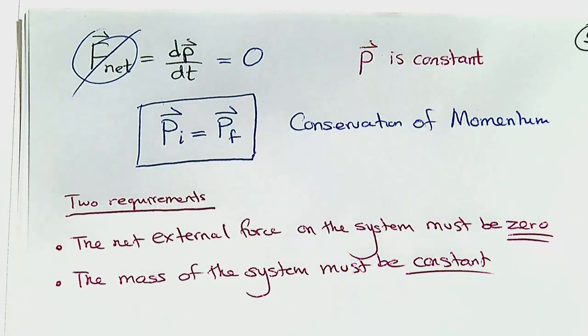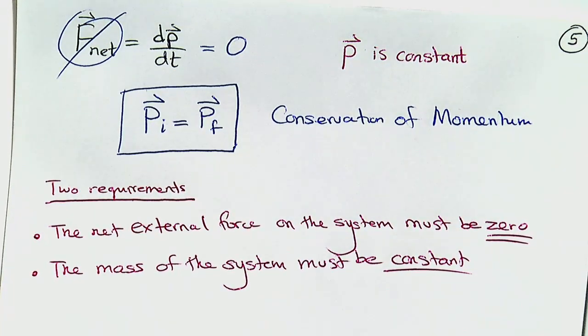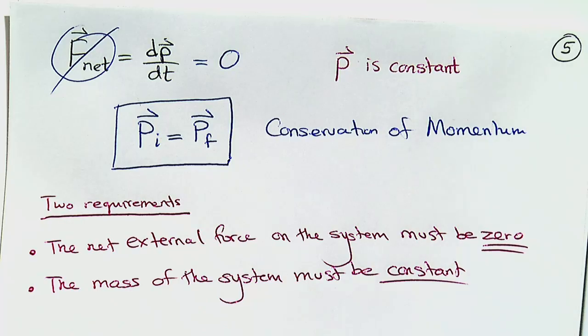So if you're trying to play pool, billiards, and you're looking at the momentum of all the balls before and after the collision, you shouldn't throw more balls into the pool table. You shouldn't take balls out of the pool table, if that's your system. It may seem obvious, but you shouldn't change mass. If you're focused on a certain system, that system should maintain its certain mass, okay?